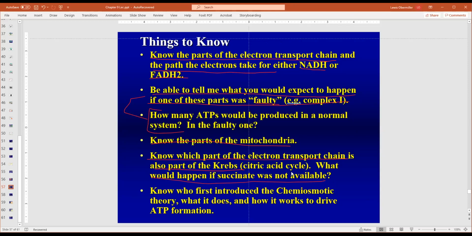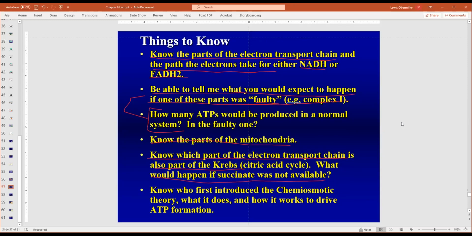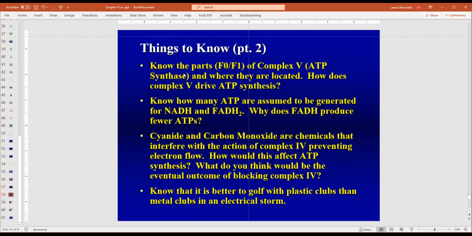You should know Peter Mitchell introduced the chemiosmotic theory. Make sure you know that ATP synthase is driven by protons, not electrons. The electrons' job is only to pump the protons, right? It's the protons that make it spin.